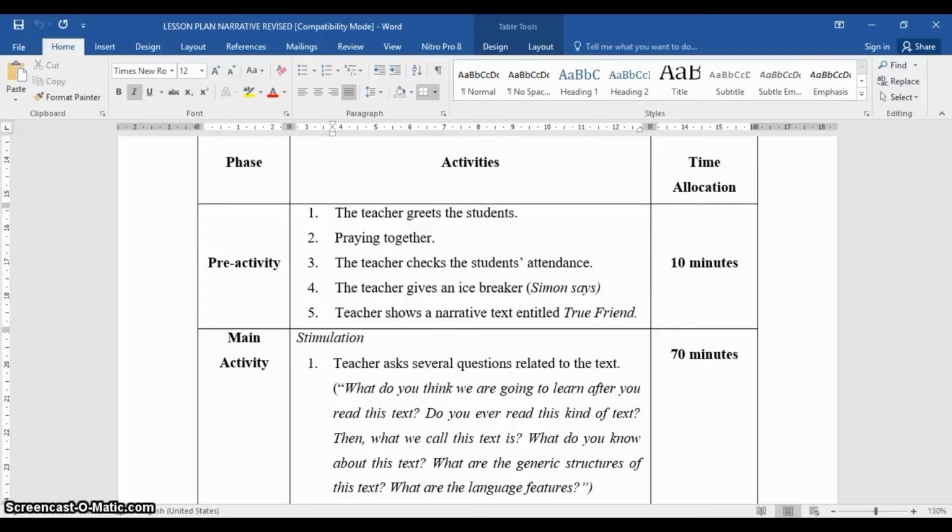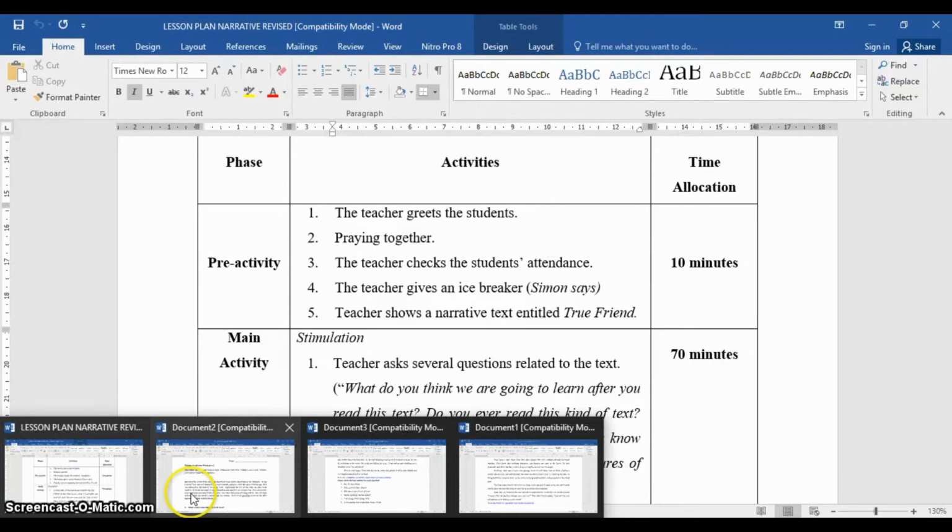And then the teacher invites the students to pray together, and then the teacher checks the students' attendance. After that, the teacher gives an icebreaker, that is Simon Says, to make students feel relaxed. And then the teacher gives an apperception by showing a narrative text entitled True Friend.